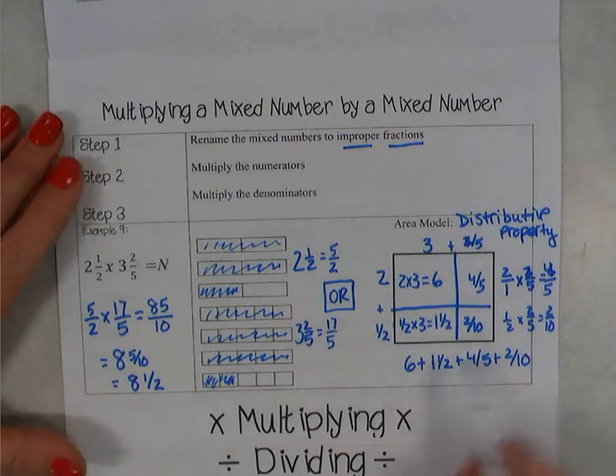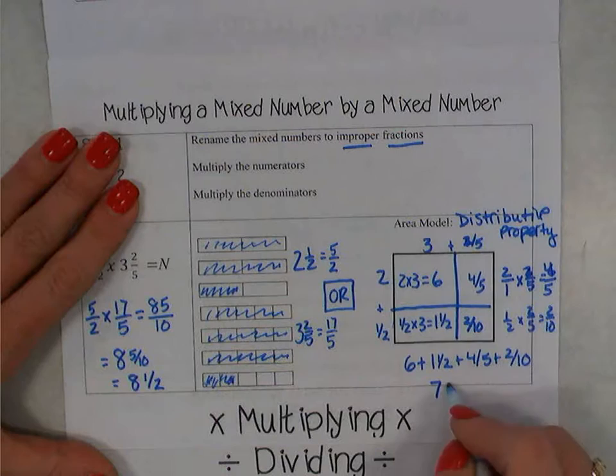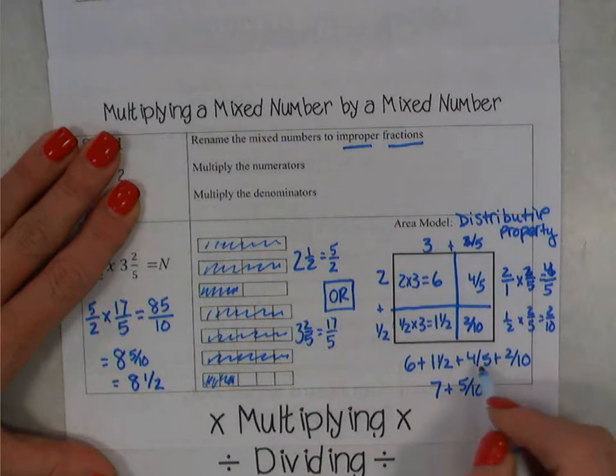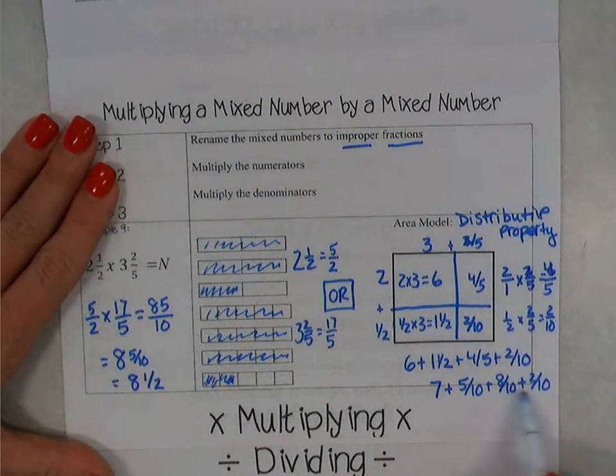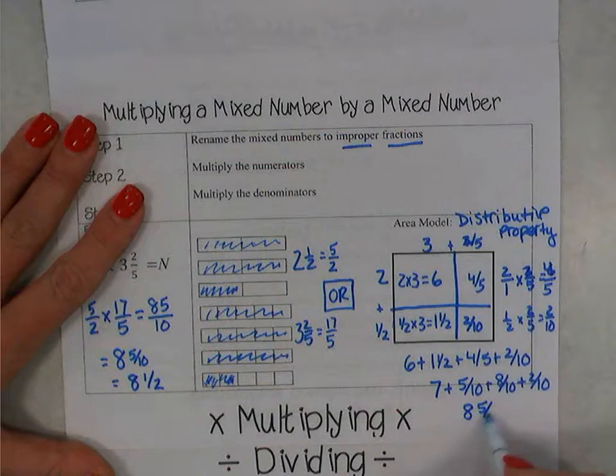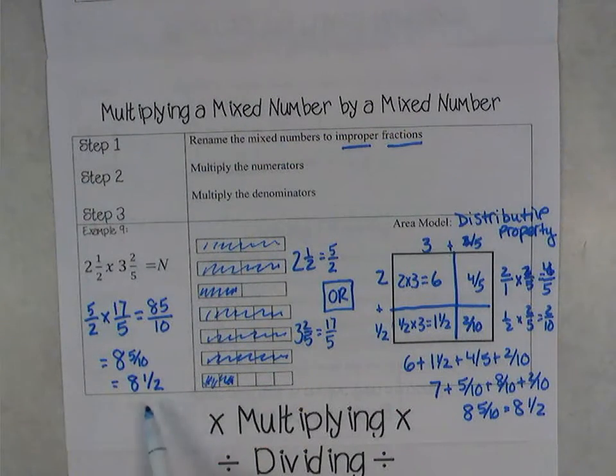So I know that 6 plus 1 is 7, and now I'm adding 1/2, which is 5 tenths, plus 4 fifths, that's equivalent to 8 tenths, plus 2 tenths. So my 8 tenths plus 2 tenths makes another whole that I can add to the 7, and I'm left with 8 and 5 tenths, or 8.5. So you'll see I get the same answer here. There's just 2 different methods of multiplying these mixed numbers.